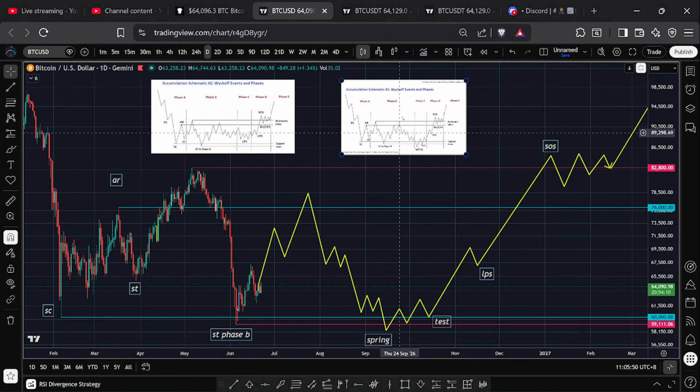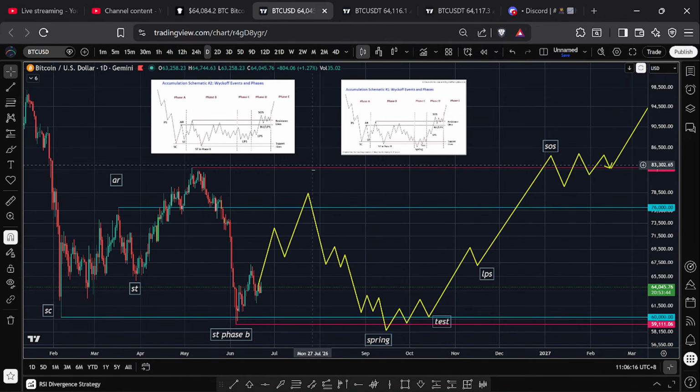Okay, so we're looking at this schematic here. It could even play out like this because we haven't got to this little section here yet. So you have the selling climax, and then the automatic rally and phase B, it's exactly playing out. As you can see, it looks exactly like that.